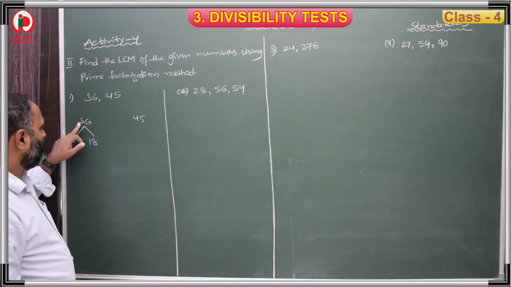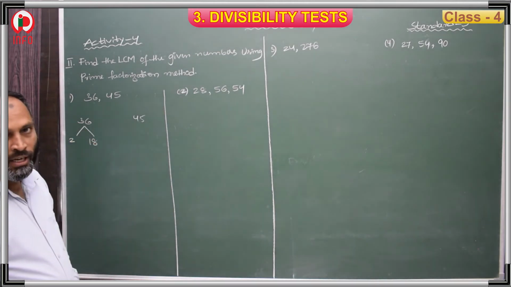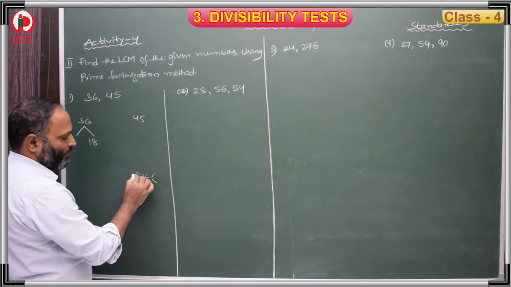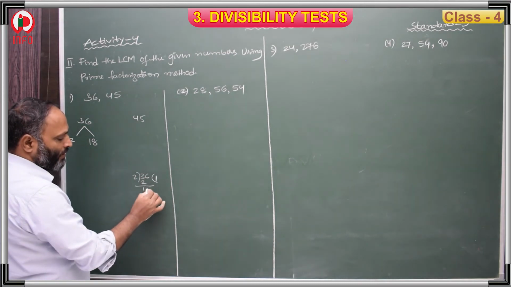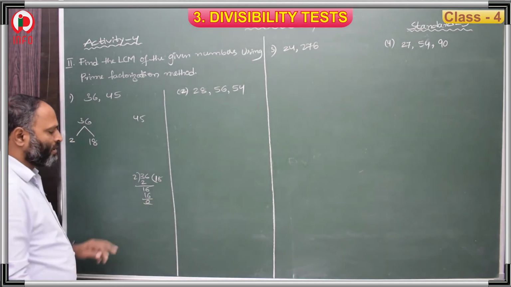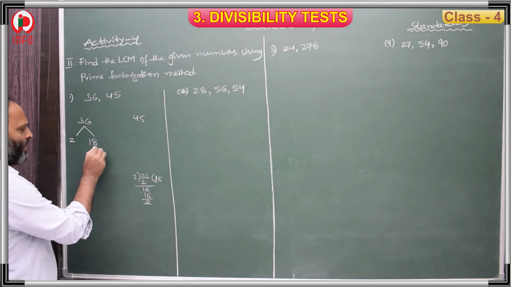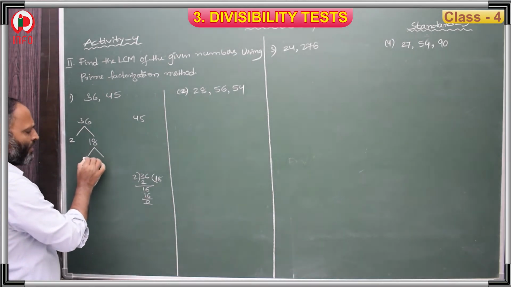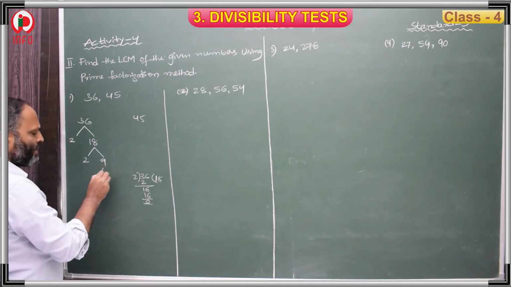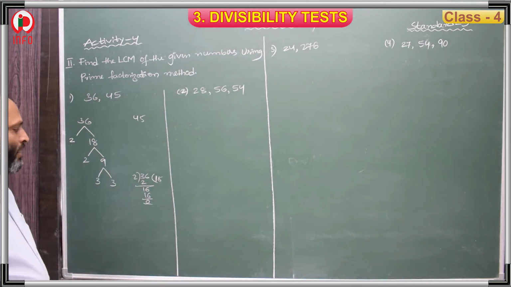Then 18 is again an even number. 2 9s are 18. Again this 9: 3 3s are 9.